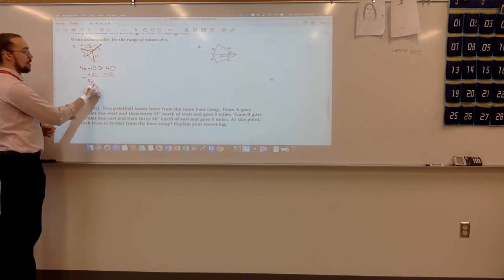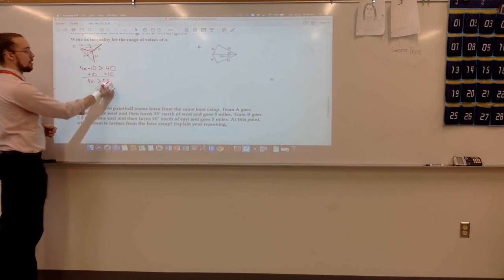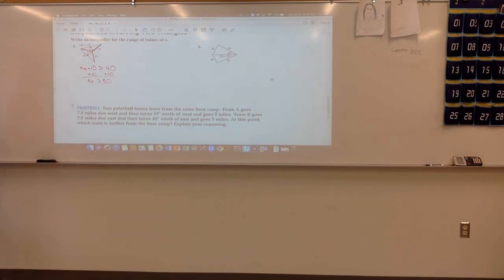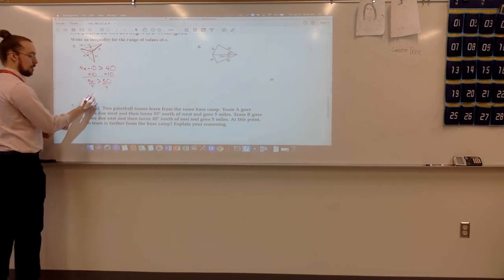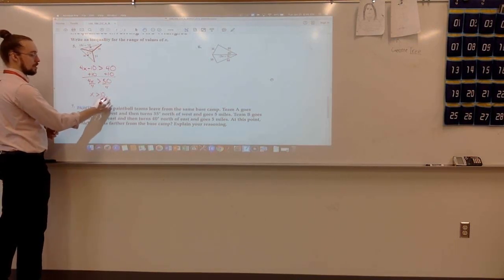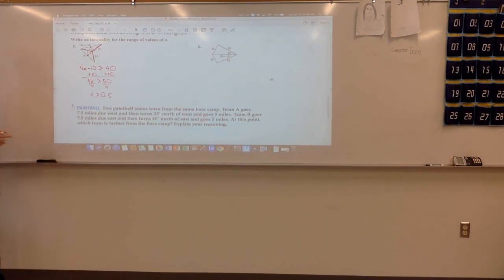So we have 4x is greater than 50. Divide by 4. And that gets us 12.5. Okay, and decimals are always fair game. So that's a perfectly acceptable answer. And so any value of x that's bigger than 12.5 here would suffice.